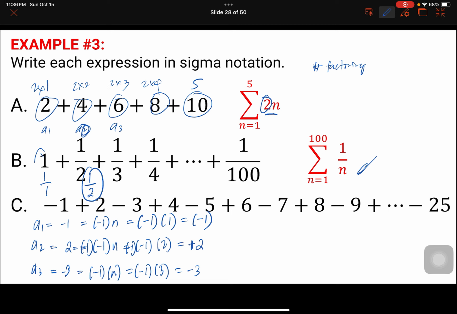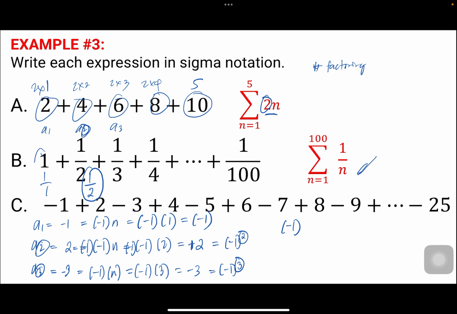So, ano nangyayari? Kung mapapansin nyo din po, kung naging times na to negative 1 raised to 2, which is 2 din yung n natin. Eh kung gagawin ko naman negative 1 raised to 3, which is 3 din yung n natin, we can come up with a constant value na negative 1 raised to n times n. Diba?